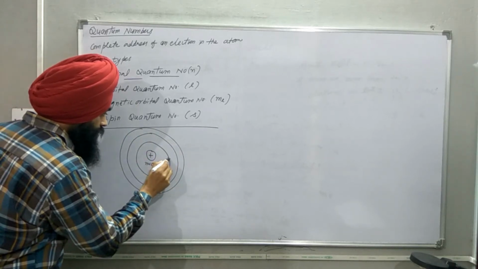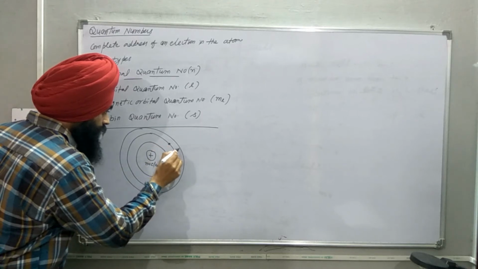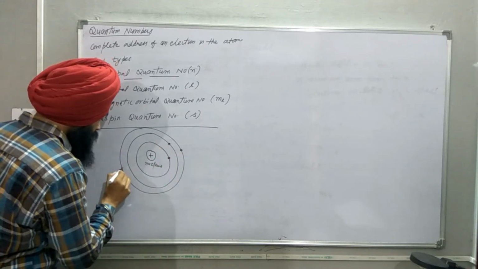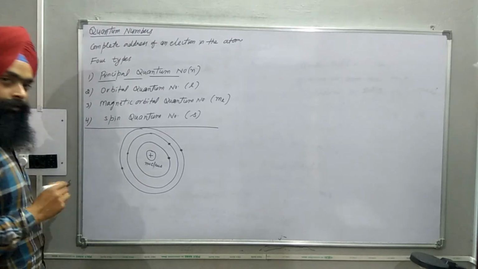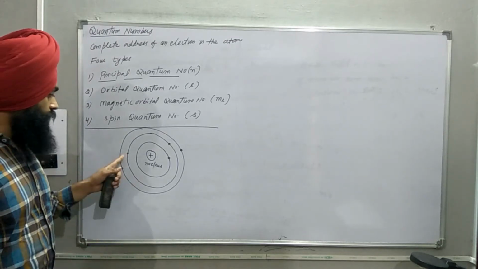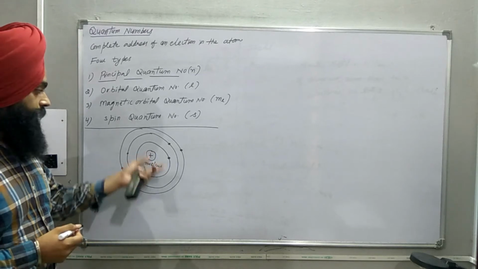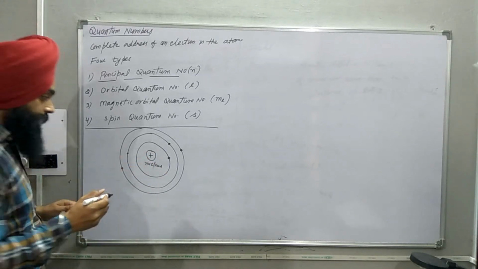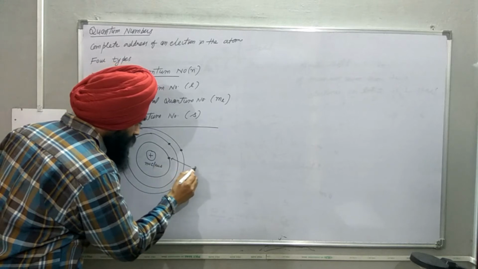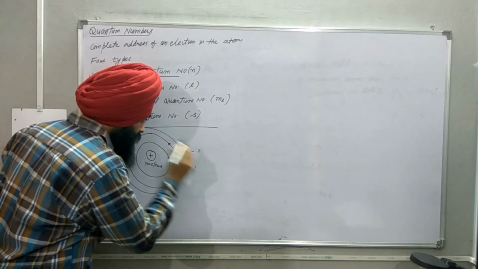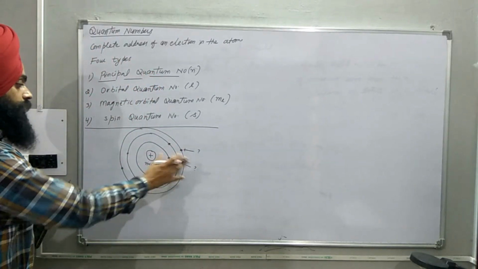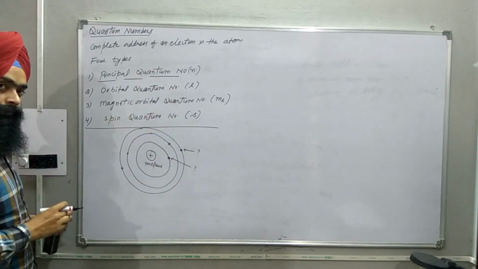Let us suppose this is one electron, second, third one, similarly this one. So since the electrons are identical particles, how can we differentiate between the electrons, or we can say what is the address of this particular electron or this particular electron? So in order to find out the complete address, we have four quantum numbers.